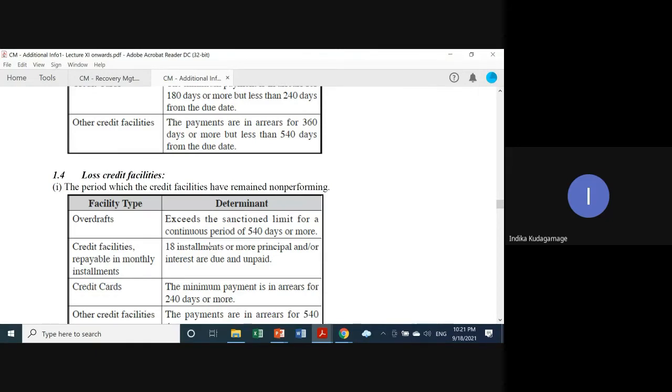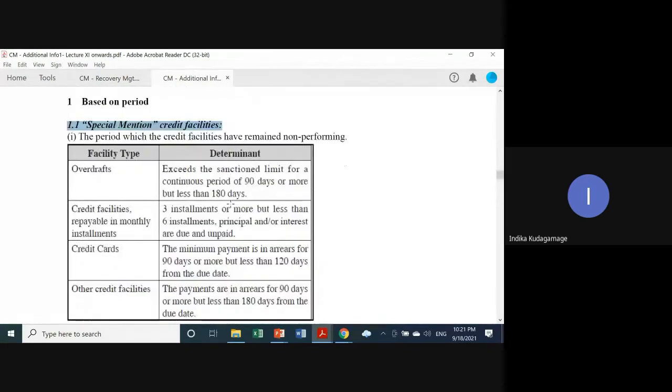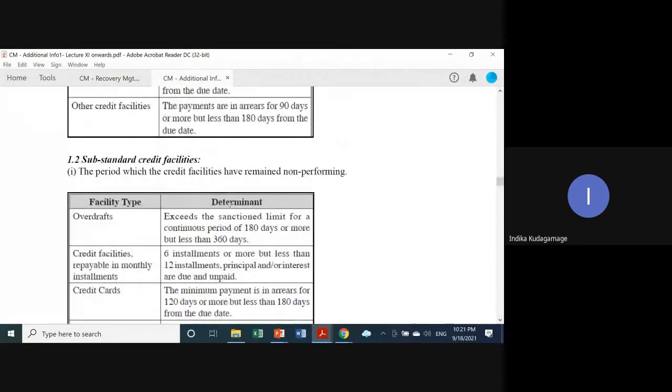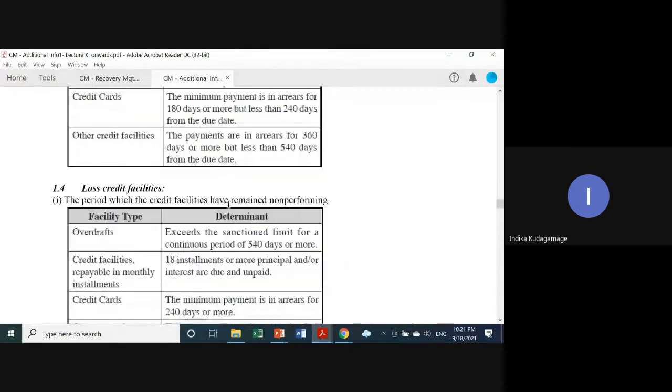Loss category. So we have NPL. NPL is subclassified into specially mentioned, substandard, doubtful, and loss category. These are the subcategories, right?